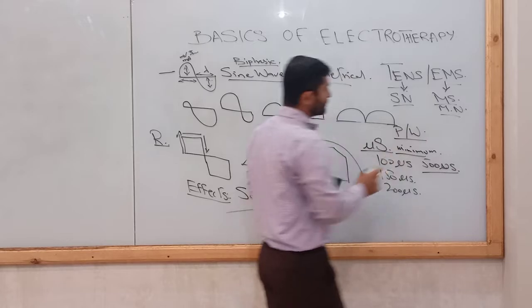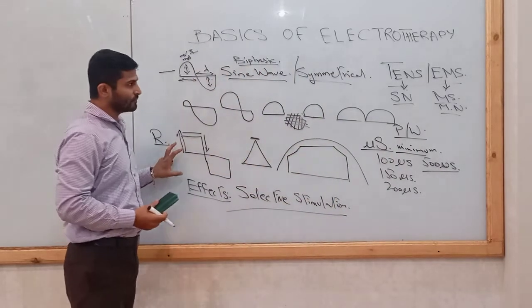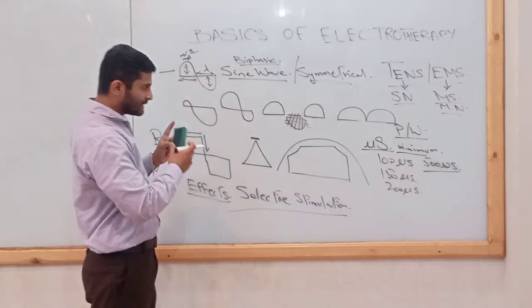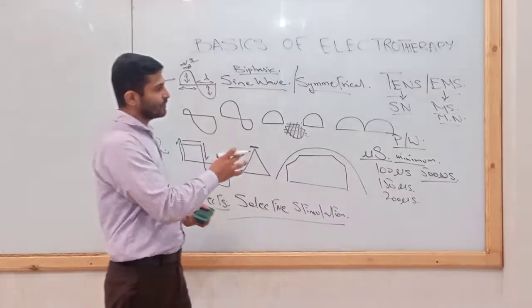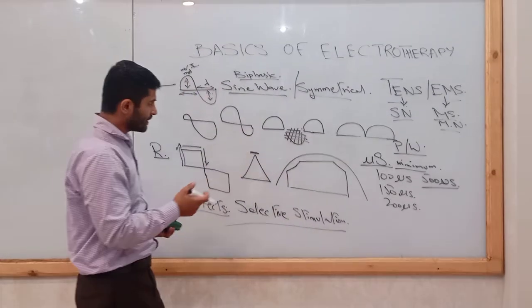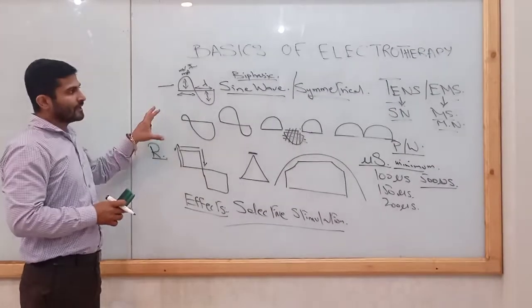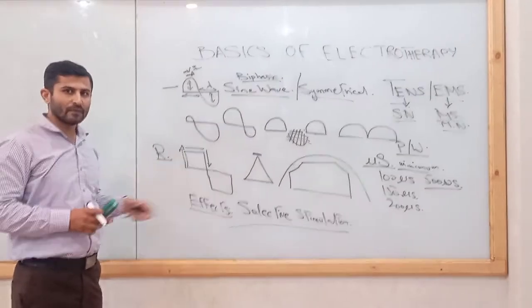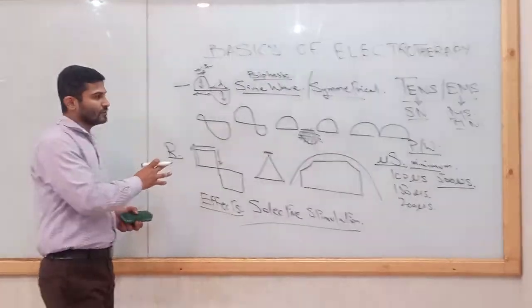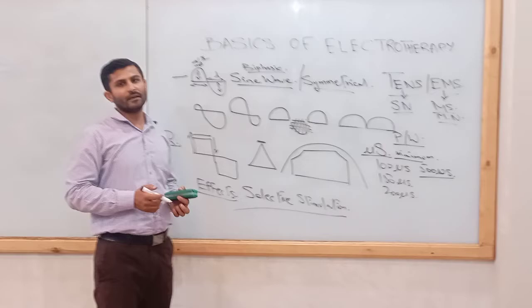So this is dependent upon the waveform, the pulse width, and also the intensity and type of current. These parameters are really very important for us to understand and remember, and if you apply these parameters in your clinical settings, I believe that you are going to succeed.